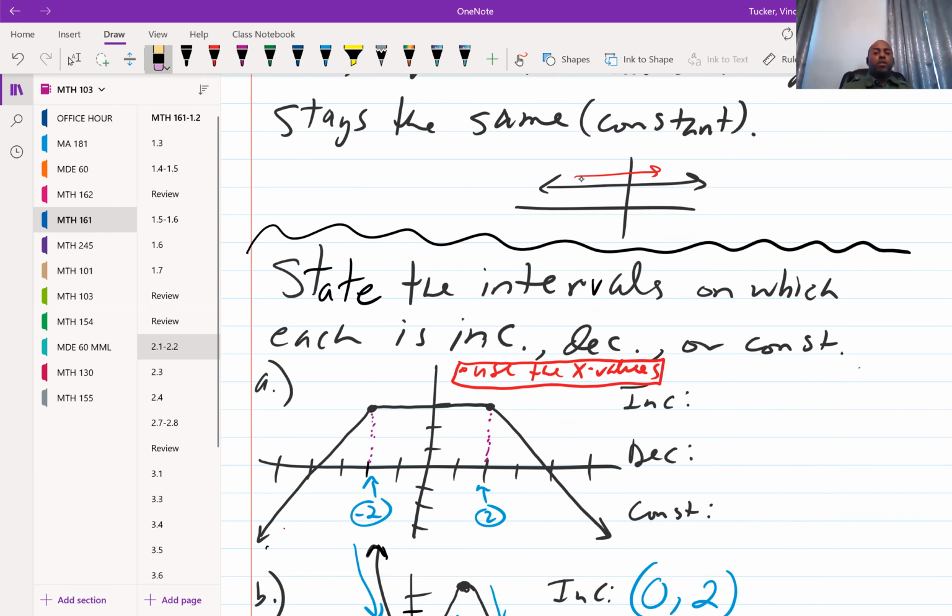All right, so this first one, it's not really a name to the shape, but you're reading it from left to right. We're not following those arrows going down or anything. We're reading it from left to right.